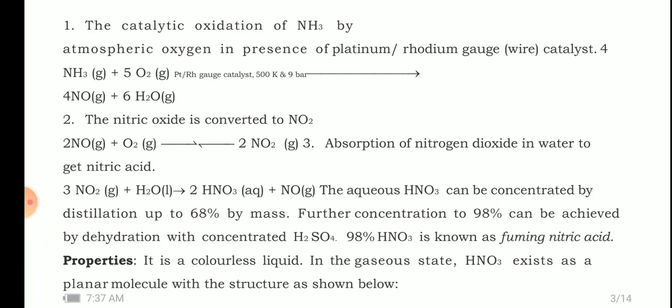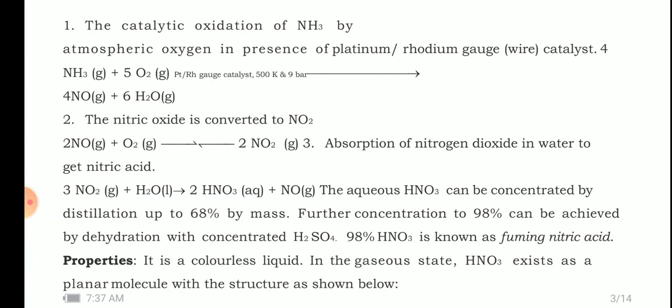The third step is absorption of nitrogen dioxide in water to get nitric acid. So nitrogen dioxide plus water gives you nitric acid plus nitric oxide.